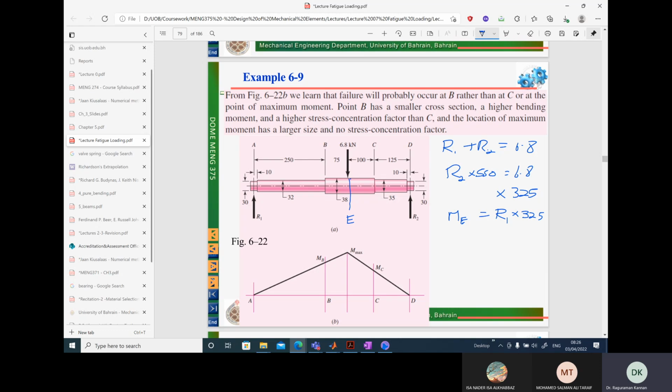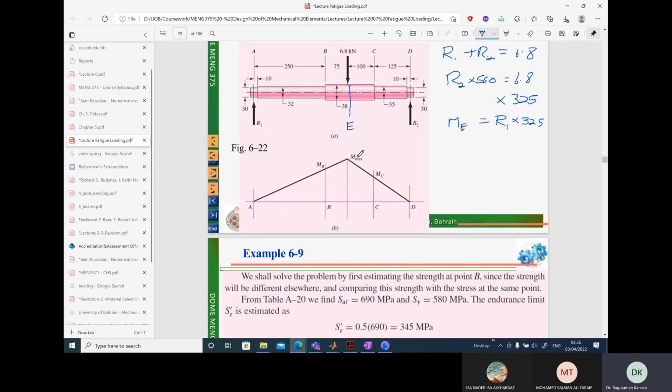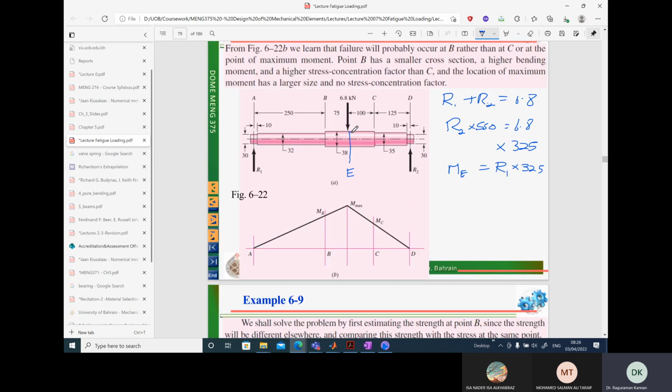Okay. So once you have the M max value, you can easily figure out what the stress is. The maximum stress, sigma max, can be found by the formula M over I times C. Substitute and figure out the sigma max value.